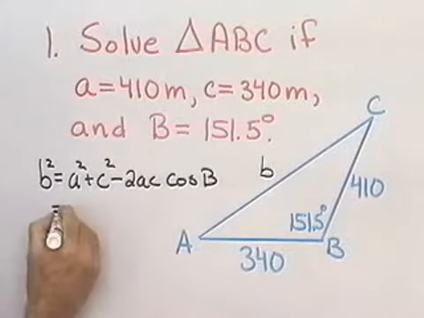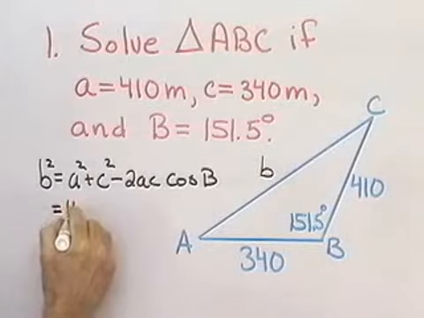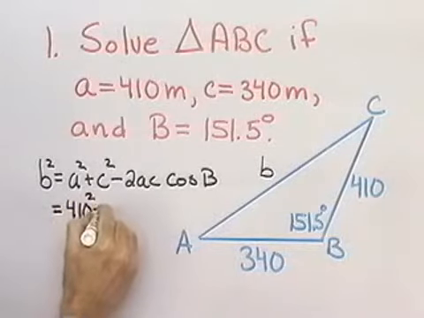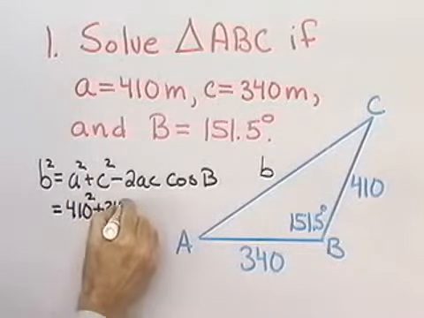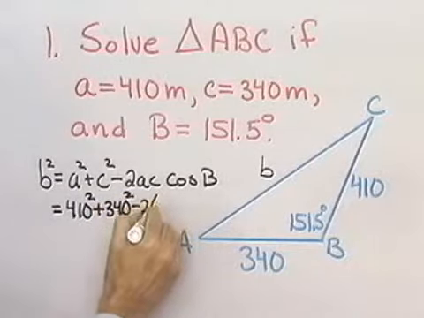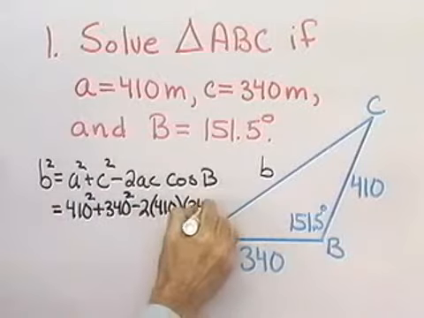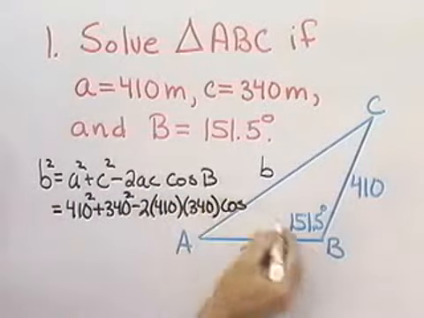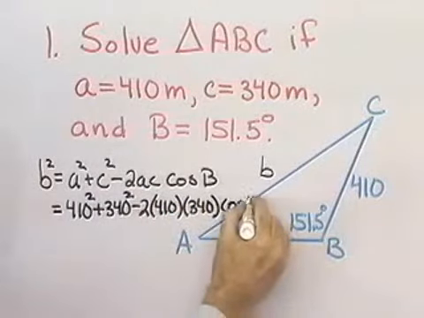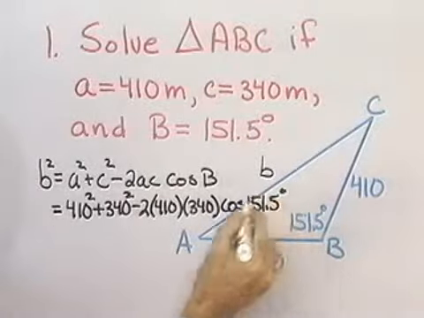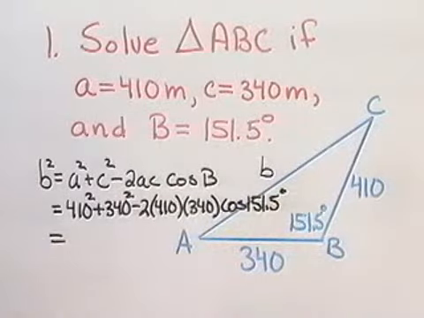So I have B squared, which is going to be 410 squared plus 340 squared minus 2 times 410 times 340 times cosine of 151.5 degrees. Now I've worked that out on the calculator.